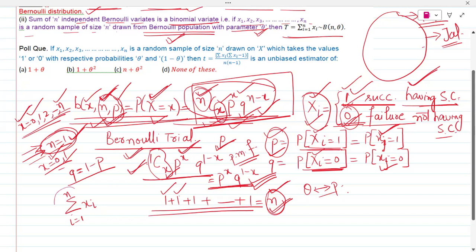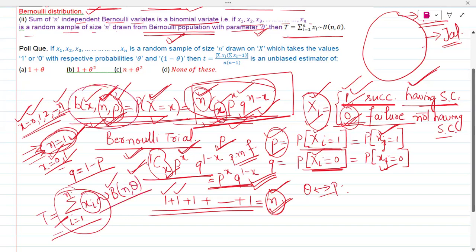So suppose I give the symbol T to the sum of n independent Bernoulli variates. It is a binomial variate. This T will follow binomial distribution with parameters n and theta.